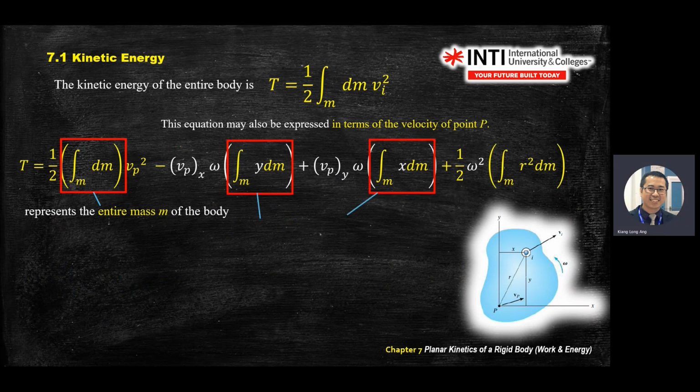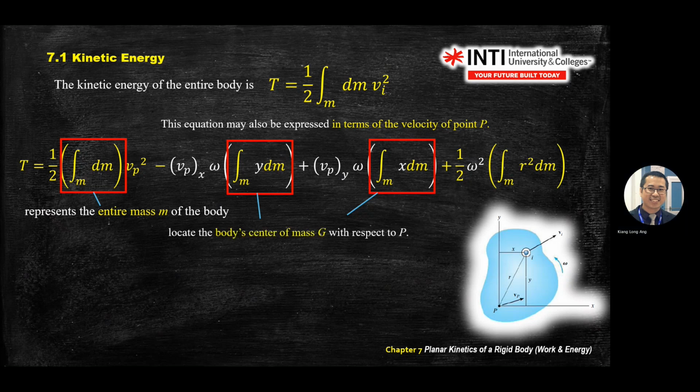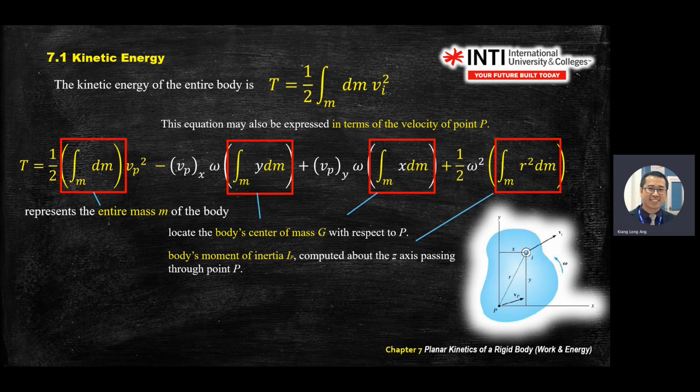rigid body kinetic energy has a few components. First one: when you do particles or in previous physics class, half mv squared, you are focusing on the mass effect. Second, if you're dealing with a rigid body, then you have a center of gravity effect.